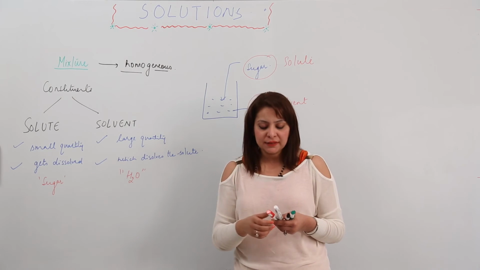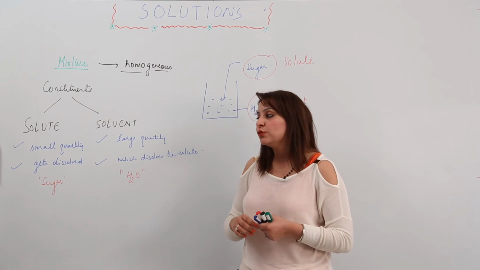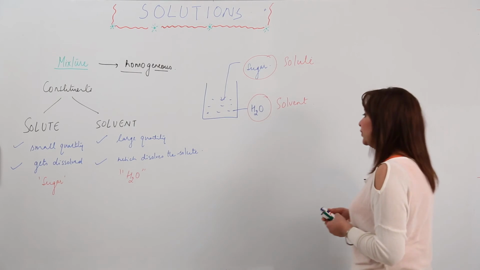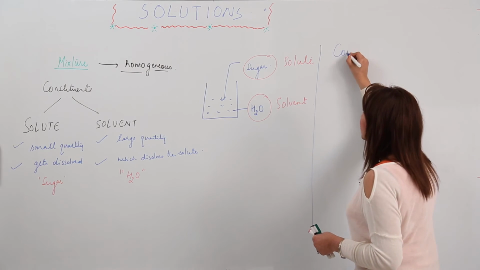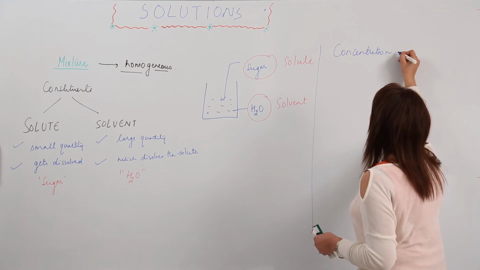Coming to more characteristics, we will be taking the solution topic in much detail. Coming to the second property, what the solution possesses is concentration. The second topic we are taking up: if I say concentration of a solution, what do I mean by saying it?